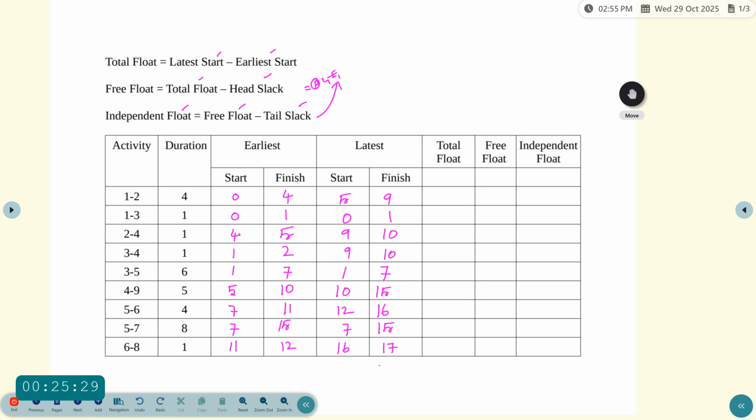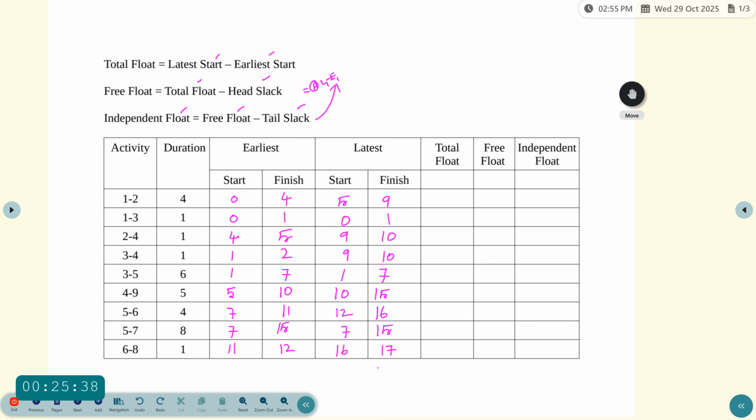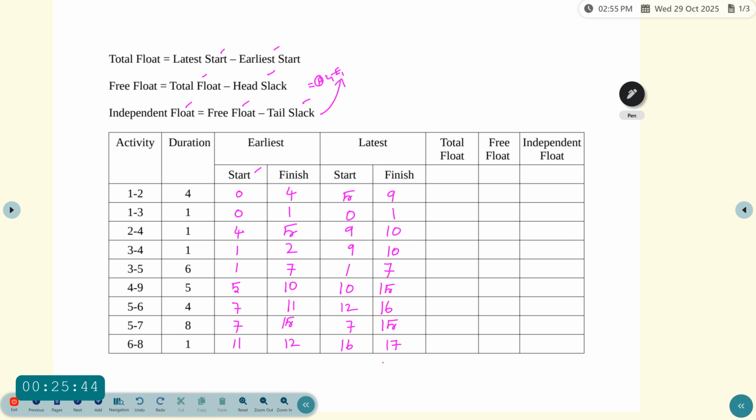The first column is the activity, given in your question, and the duration is also given in your question. Now here to find the earliest time, it can be split into two: first one starting and then another one finish. Similarly, to find the latest time, it can also be split into two: first one starting and then the other finish.